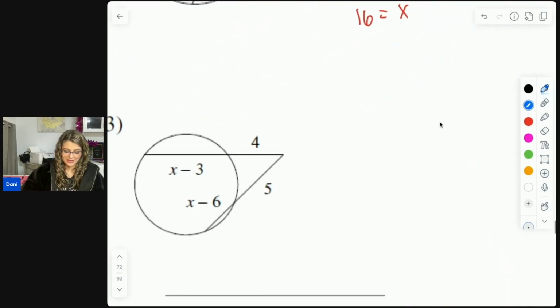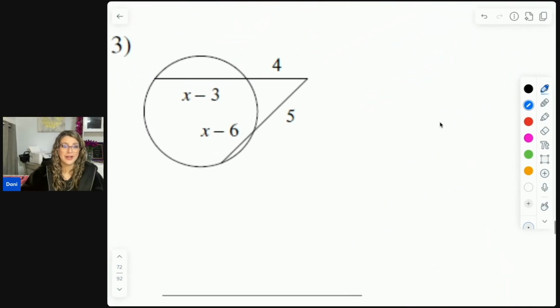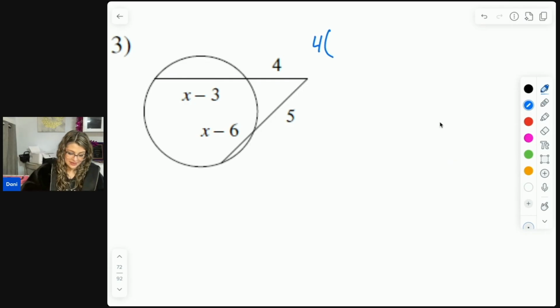All right, let's get into a little bit more of an algebraic example because now we've got that binomial. So be careful. Okay, parentheses are our friend in this case. All right. So we've got the outer part of that secant, which is 4, times the whole length of it, which this one I will write it out.